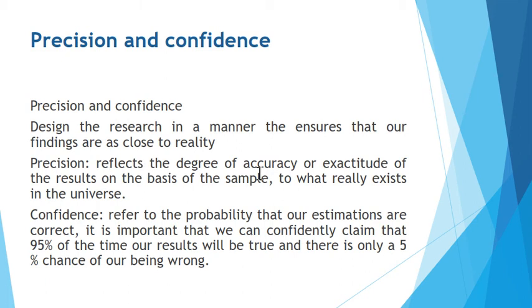Precision reflects the degree of accuracy or exactitude of the results on the basis of the sample to what really exists in the universe. So class, you should have both precision and confidence in your findings, in your results, in your research conclusion. Okay, so precision refers to reality. Precision refers to the closeness of the findings to reality based on the sample.